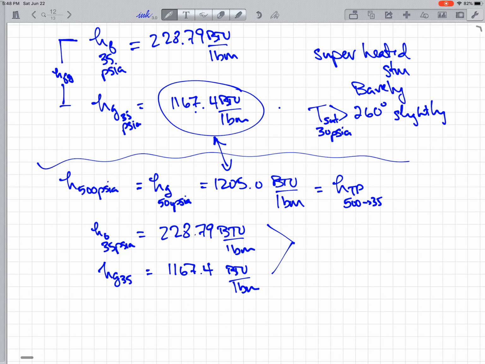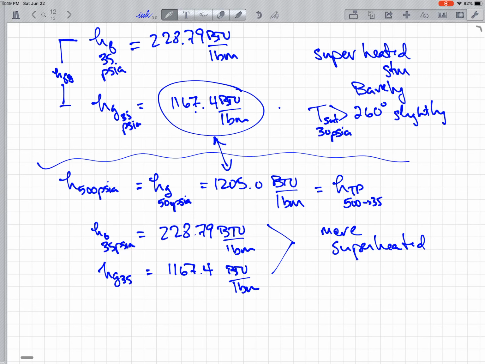And it most certainly does not, so it's definitely superheated, and it's about 35 degrees superheated. That doesn't correspond to what temperature it is, but that will tell you that it is higher. All right, so we're going to be more superheated because we have more enthalpy.